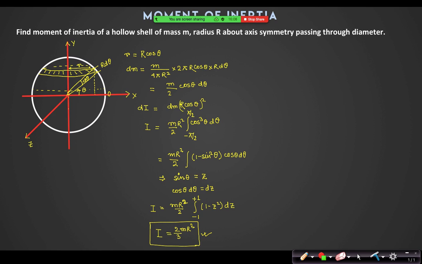But the same question can be done even if we do not use integration. How can we do it? This method is very interesting, and you should learn this type of methods more.